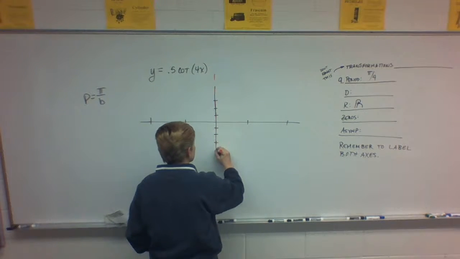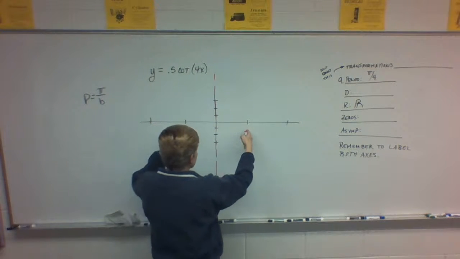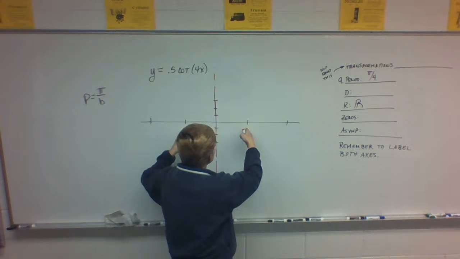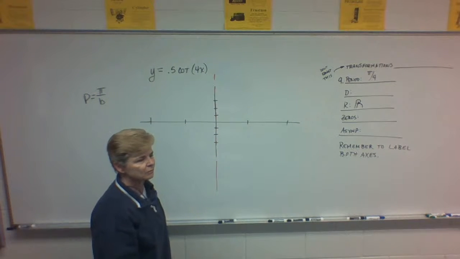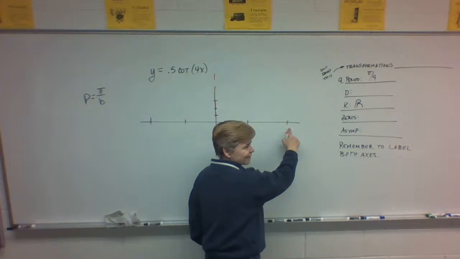If it were tangent, you would put it at negative pi over 8 so that the period length could be pi over 4. But this is cotangent, right? Now, how many periods do I want you to graph? 2. Then where do you want to put the next asymptote? To the right here? No, here.